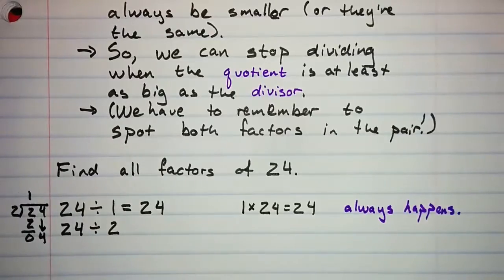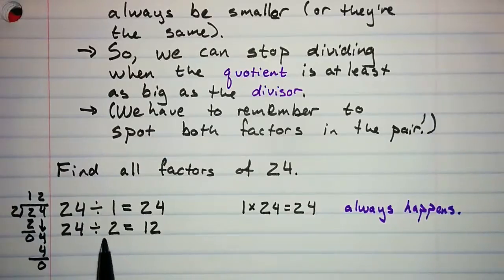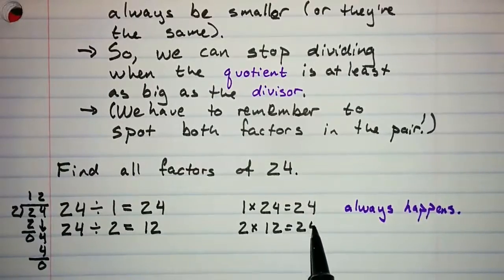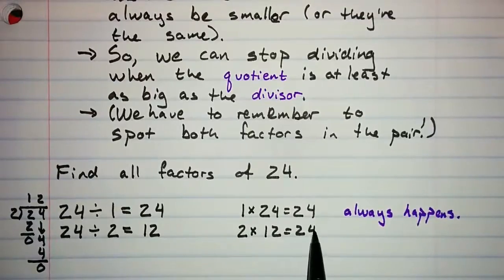Bring down the 4. 2 goes into 4 twice. Nothing left over. So, yes, 2 is a factor of 24. In fact, 2 times 12 is 24. Again, we've found not just one, but a pair of factors, 2 and 12.